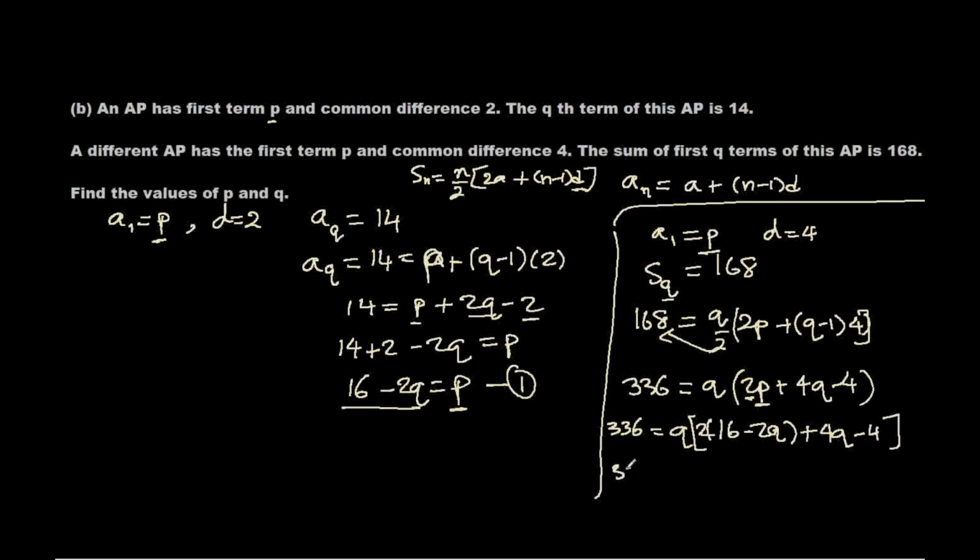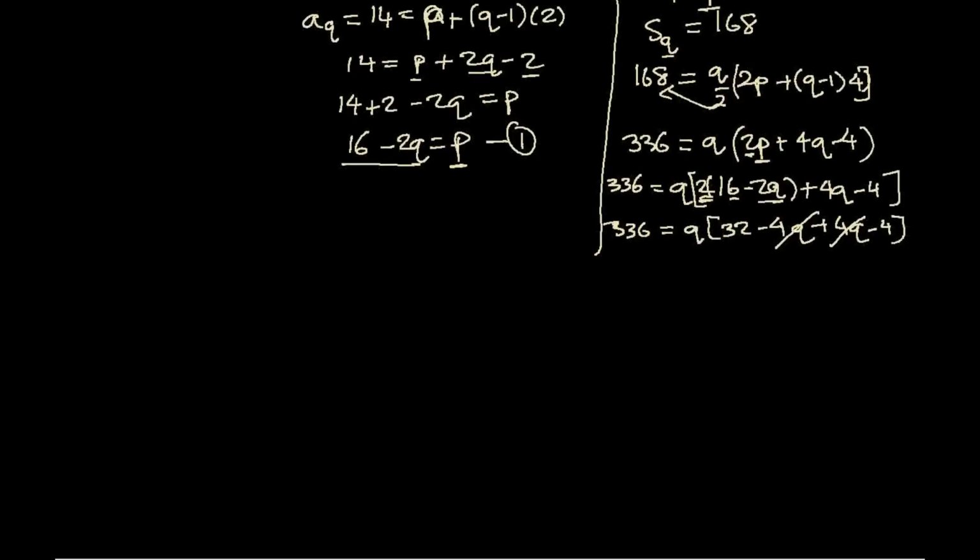So 336 equal to q, and 2 times 16 is 32, minus 4q, yeah, 2 times minus 2q is minus 4q, plus 4q, good, it will get cancelled out now, minus 4. So this and this get cancelled out, and the field is clear for us now.